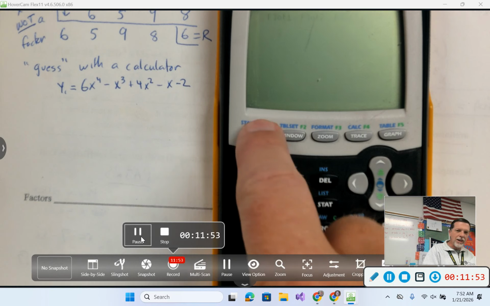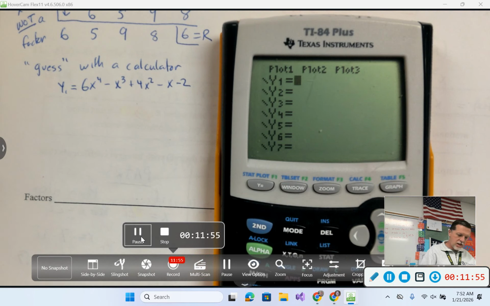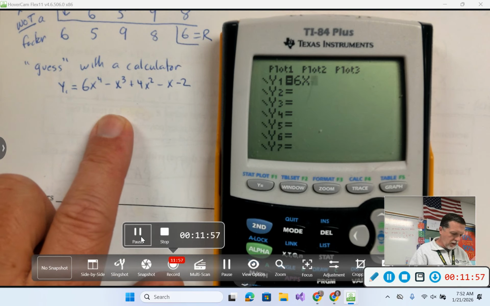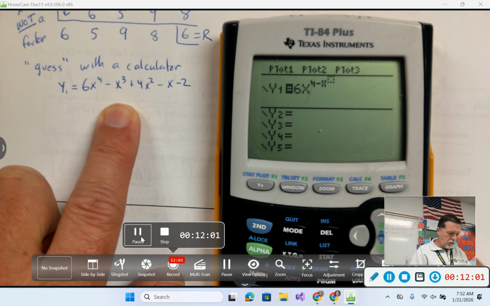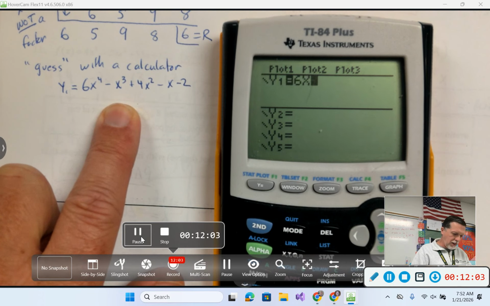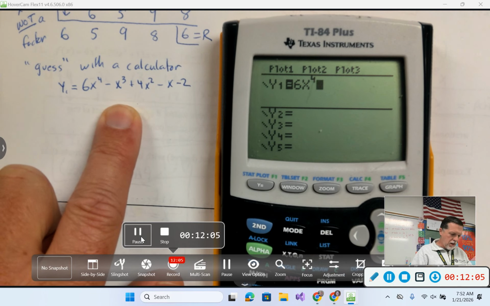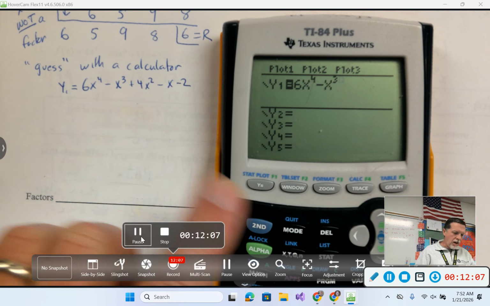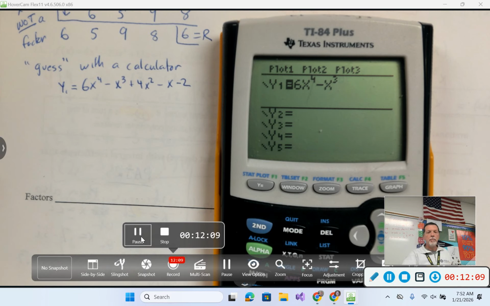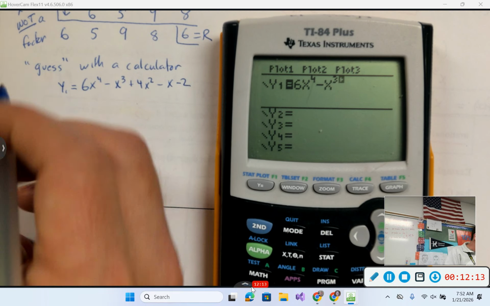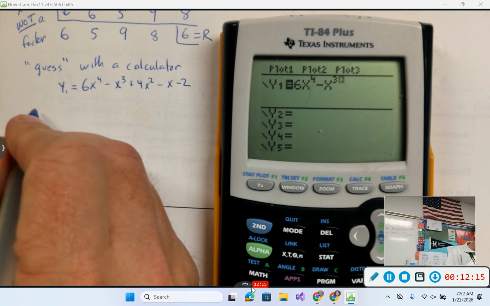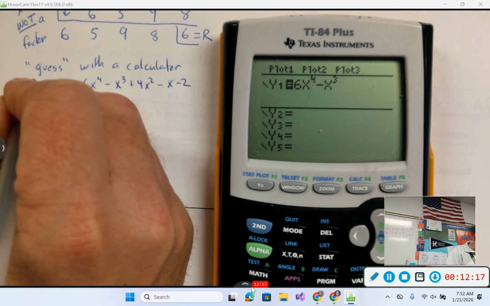So let's go to y equals. And put in 6x to the 4th minus x, 6x to the 4th. Where did we get that? Y equals, top left. I should slow down here then. So y equals button.